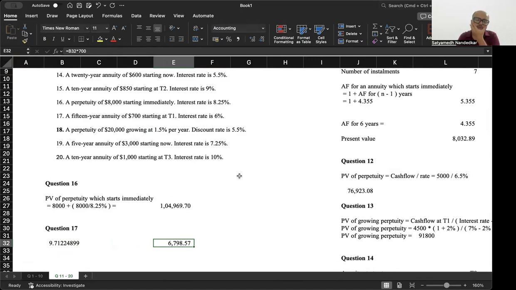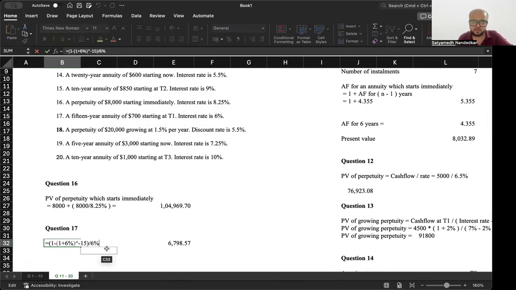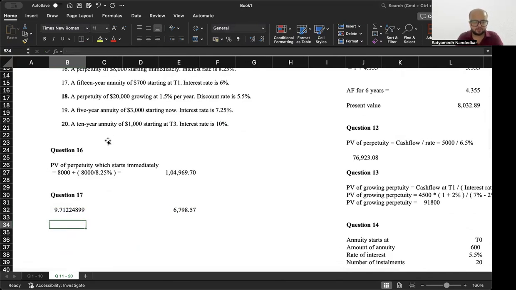This is the present value of a 15-year annuity which starts at T1. Interest rate is 6%.